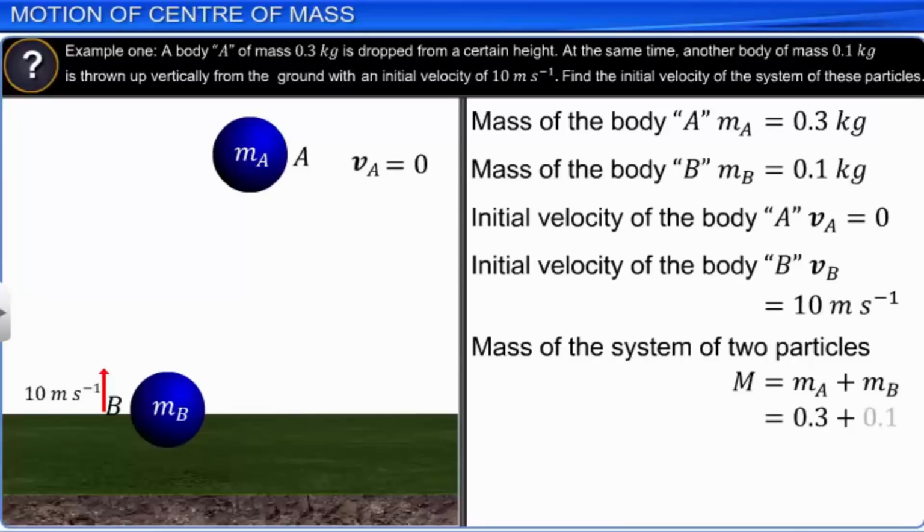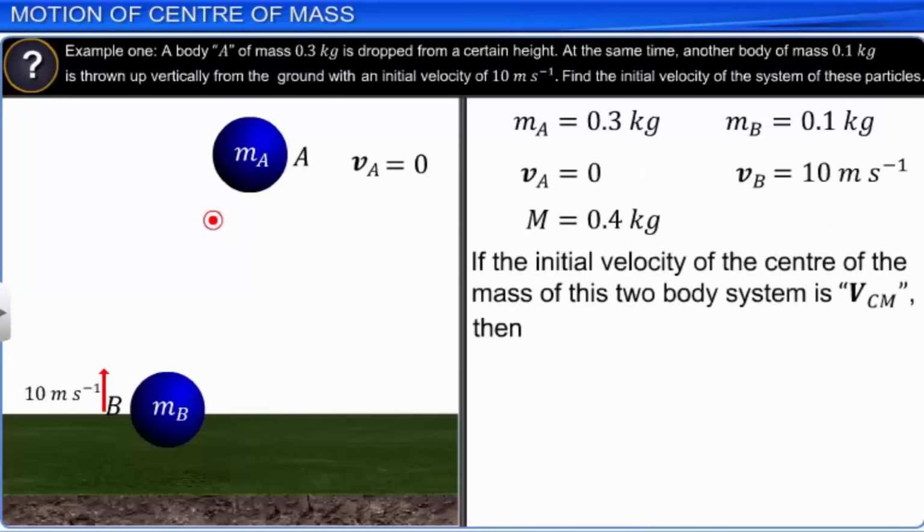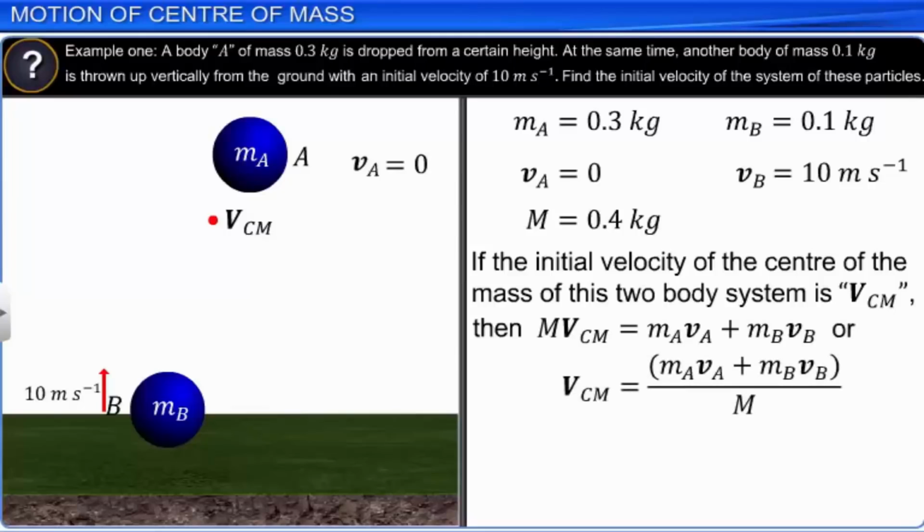If the initial velocity of the center of the mass of this two-body system is vcm, then m into vcm is equal to mava plus mbvb, or vcm is equal to (mava plus mbvb) by m, which is equal to (0.3 into 0 plus 0.1 into 10) divided by 0.4, equal to 2.5 meter per second.